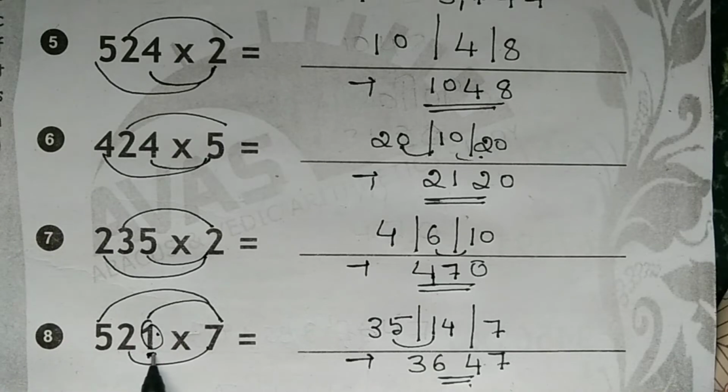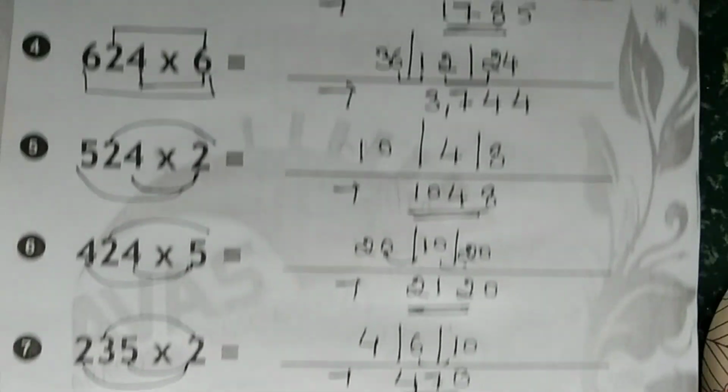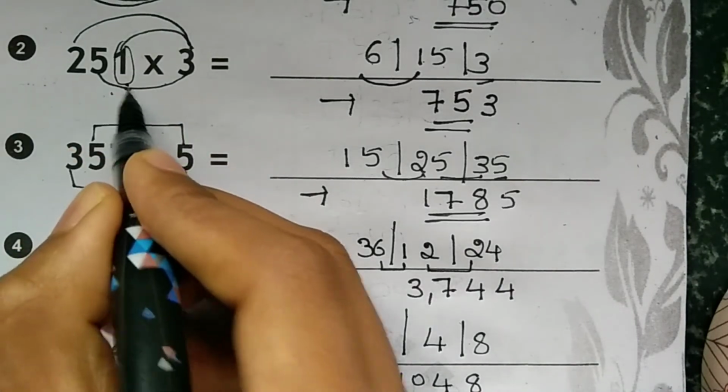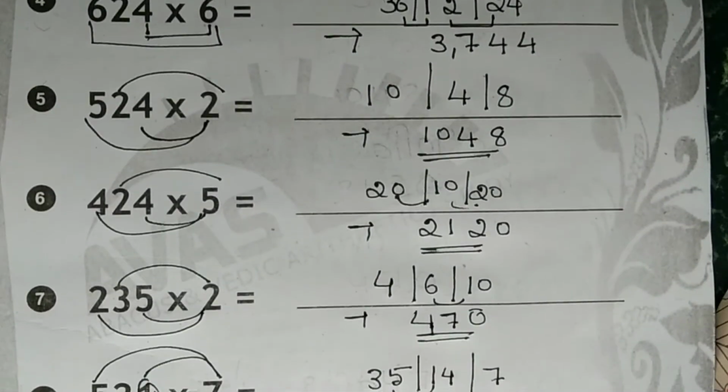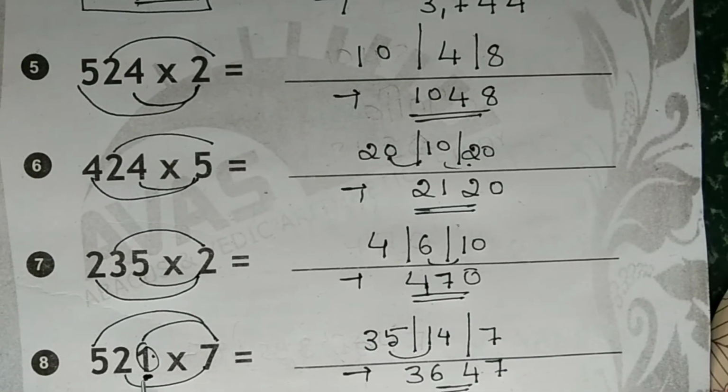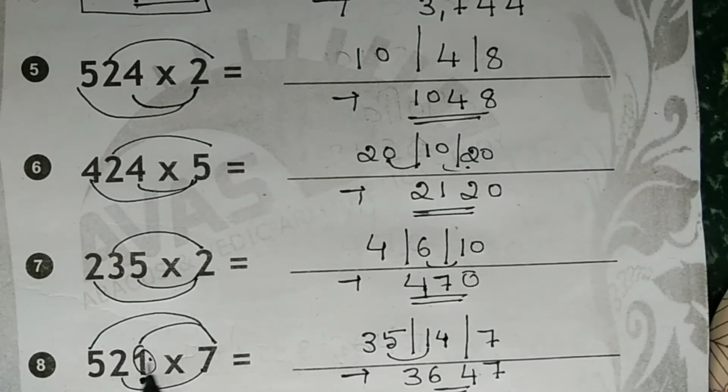Here how it comes 4 means we solved second problem 251, its last digit is 1. In this problem also last digit is 1. That time we do this step. We write third digit as it is.